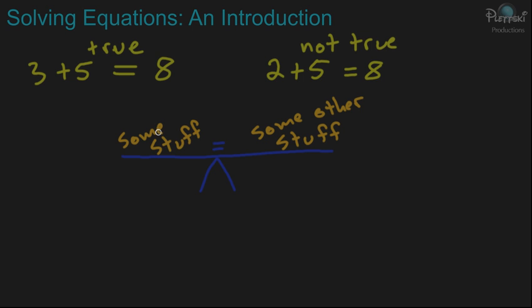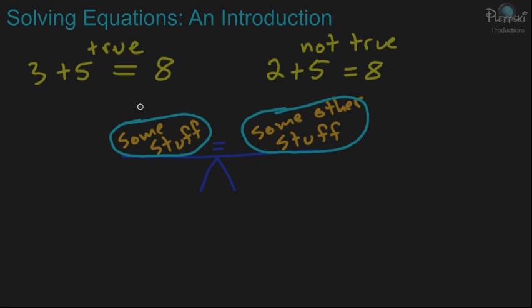Now when we're working with equations, if you start out with something that's equal, if your some stuff on one side is equal to some other stuff on the other side, and you add stuff to one side, you also need to add that same stuff to the other side.